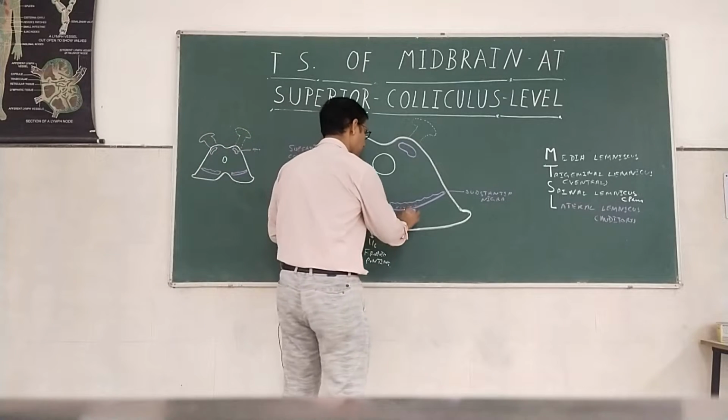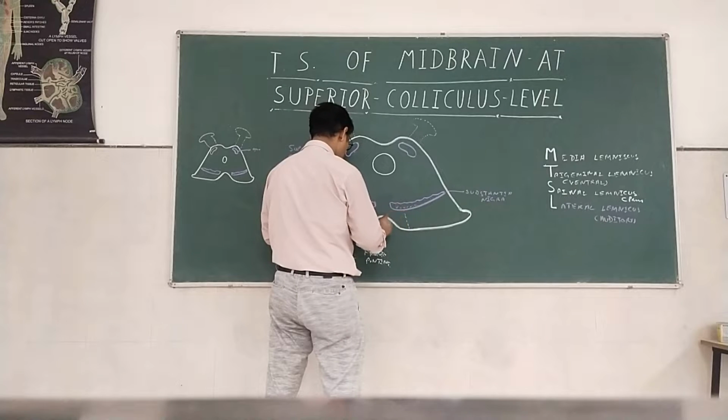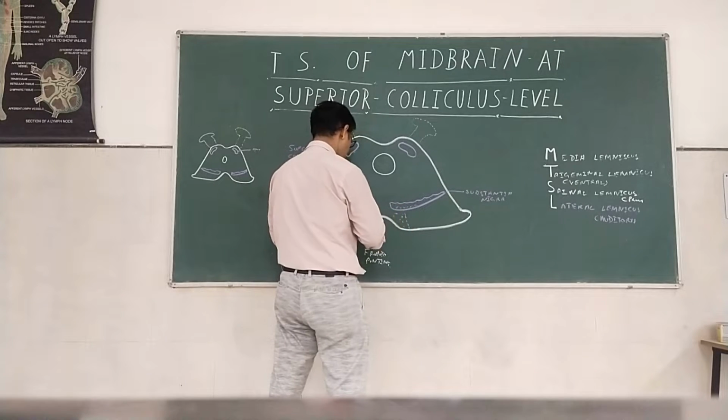Let's complete this diagram. The medial 1/6 has the frontopontine fibers.